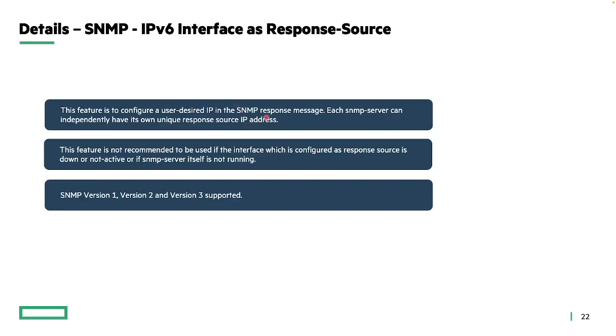We already had IPv4 and interface earlier in this response source. Now we have added IPv6 interface as well. This feature is not recommended to be used if the interface configured as a response source is down or not active, or if the SNMP server itself is not running. All three versions are supported.